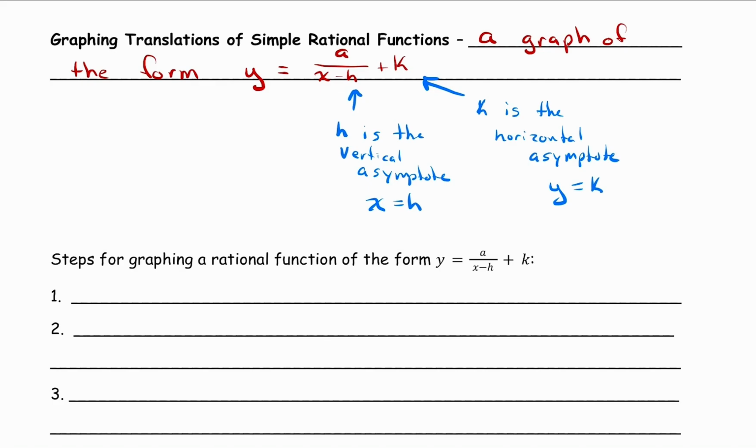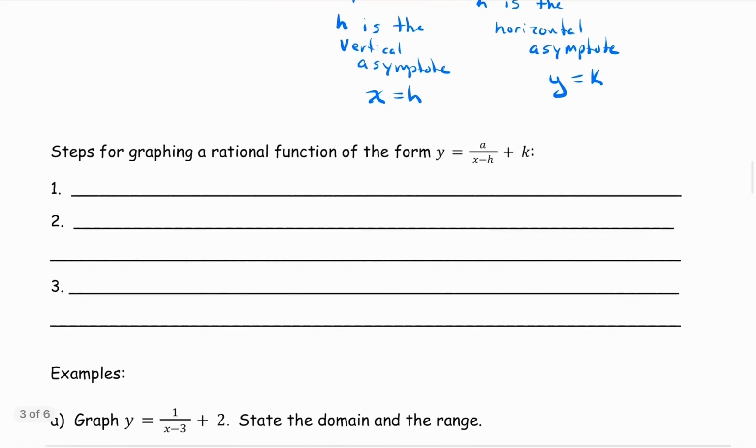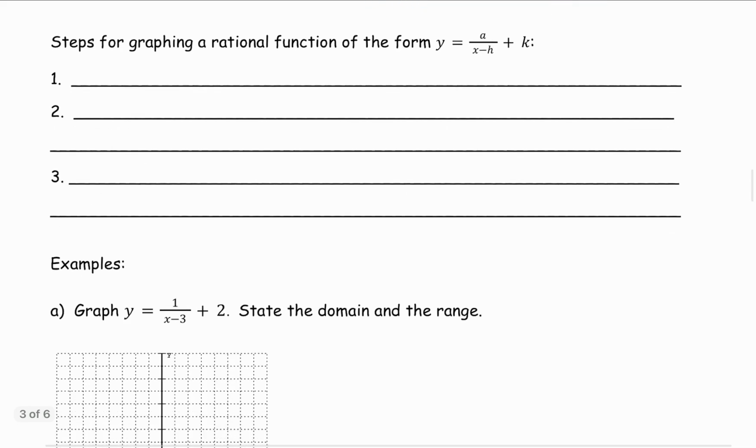Okay, so let's take a look at this and we'll do one example, and I think we'll call it good for today.